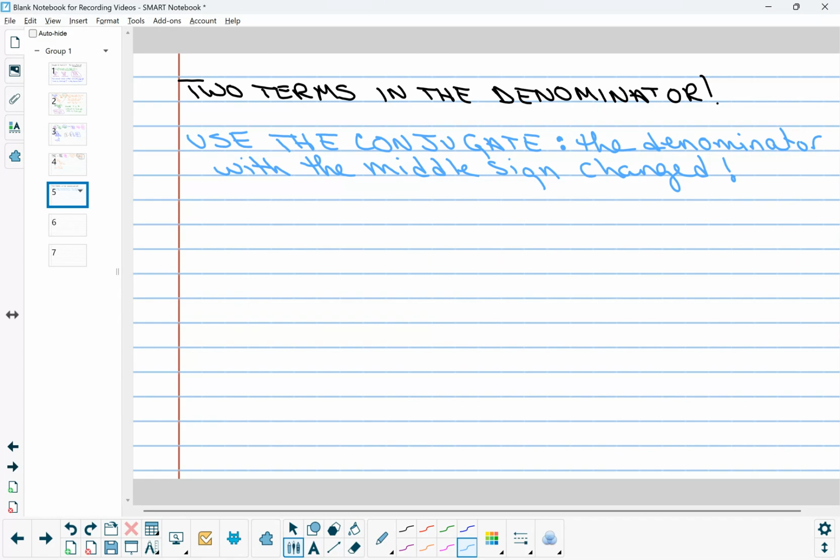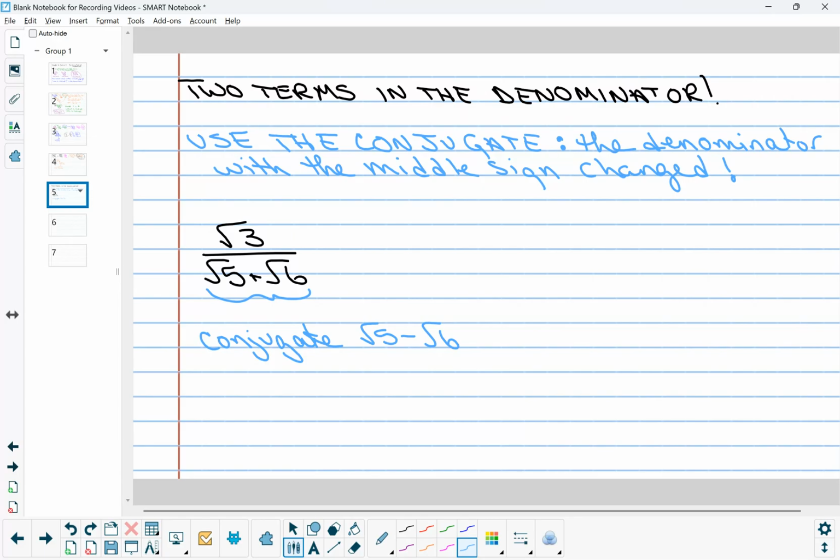Okay, so here's an example. If this was the problem, let's say rad 3 over rad 5 plus rad 6. Well, the conjugate of this is the denominator with the middle sign changed. So it would be rad 5 minus rad 6.